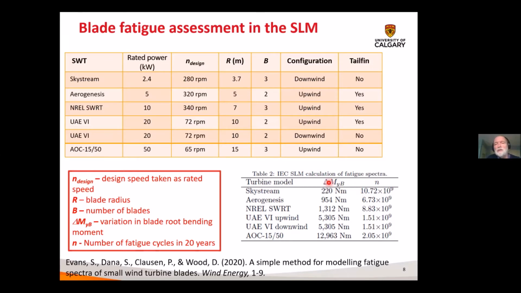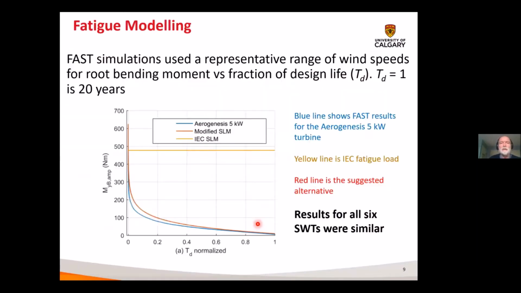Here are the values of the magnitude of the fatigue load on the blades according to the IEC standard, and here are just a few of the symbols that I've used. Okay. So we used the FAST simulation with a representative range of wind speeds to calculate the root bending moment versus a fraction of the design life.